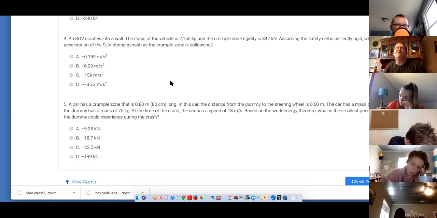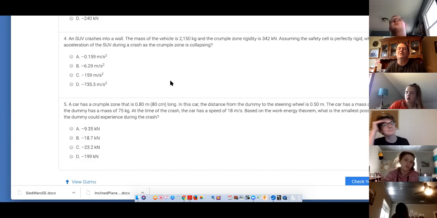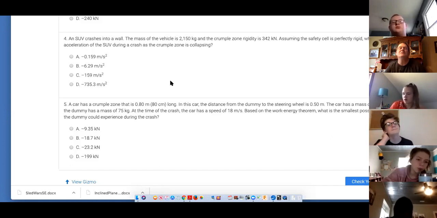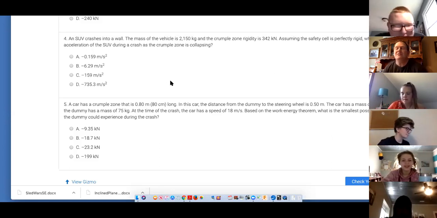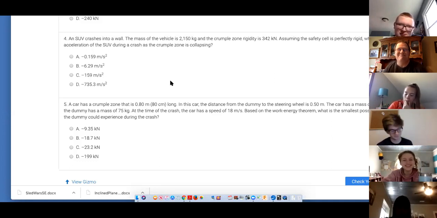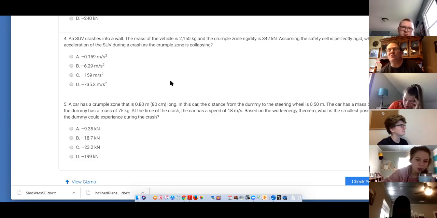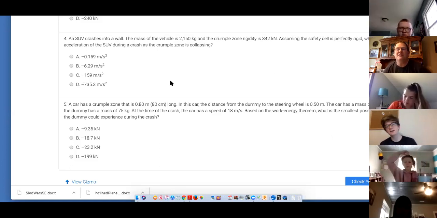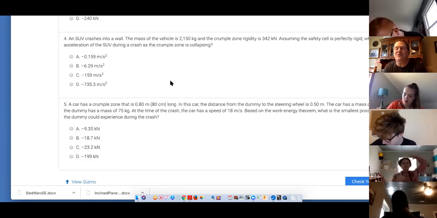If it's 342 kilonewtons, how many newtons would that be? 342,000, that number, 342 with 3 zeros after it. So that's your force. Your mass is given as 2,150.